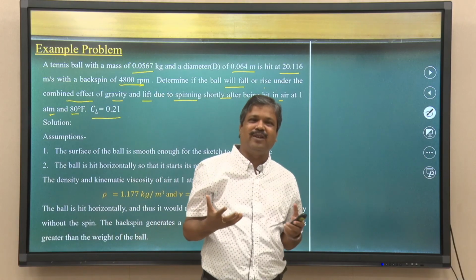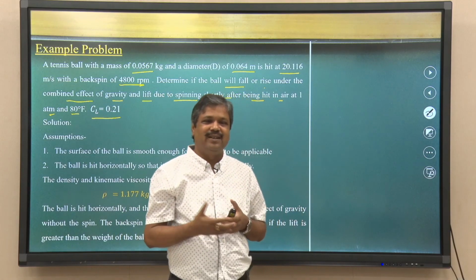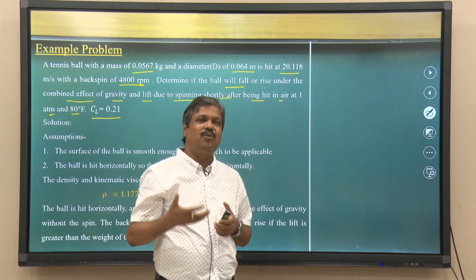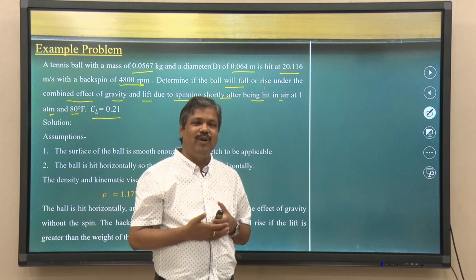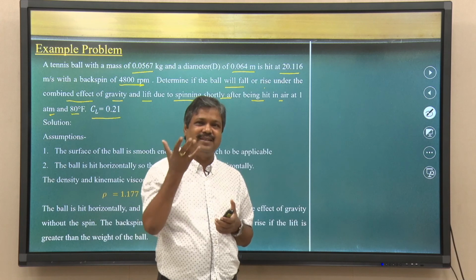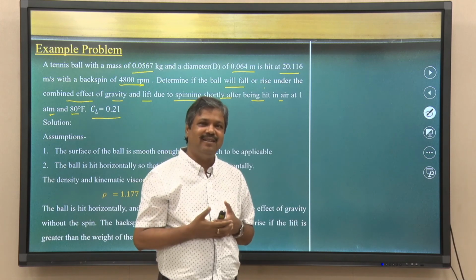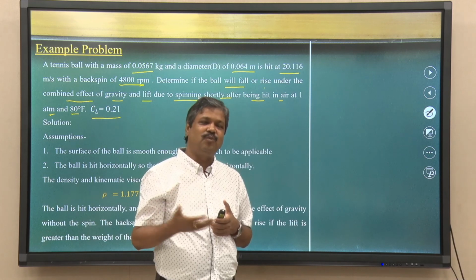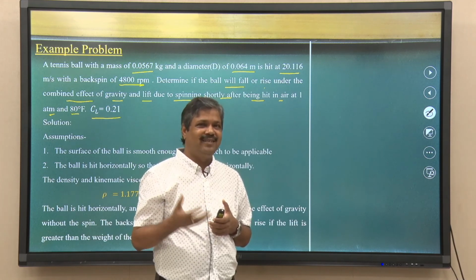That means we can find out the lift force. We also know the weight. So, if the lift force is more than the weight, then you can easily find out the ball will rise. If the lift force is lesser than the weight, the ball will fall.